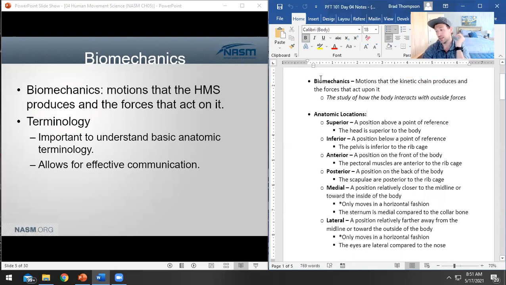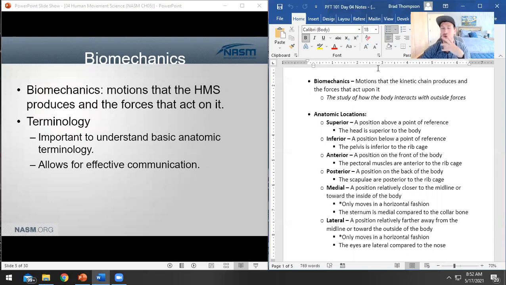Every movement that you make is a biomechanic action. However, it's also where those movements intersect and interact with our environment, like how those things are interacting with the external environment outside of our body, right?